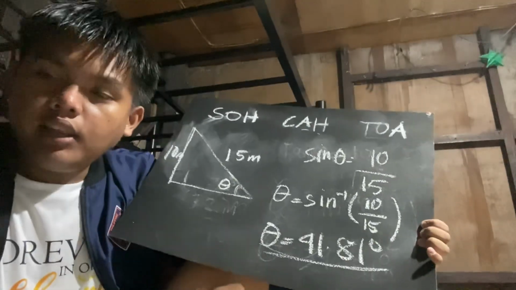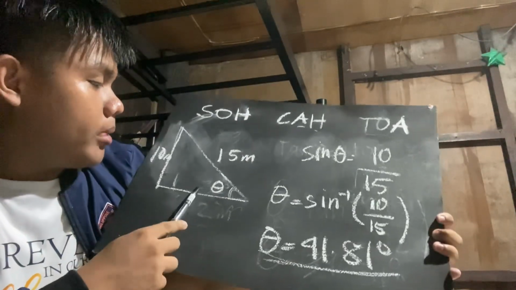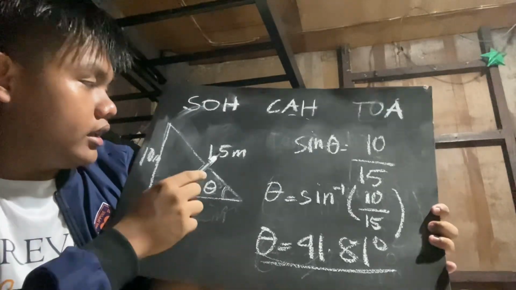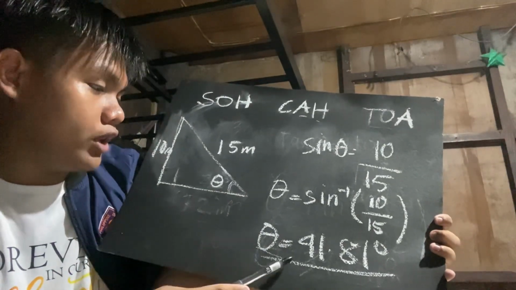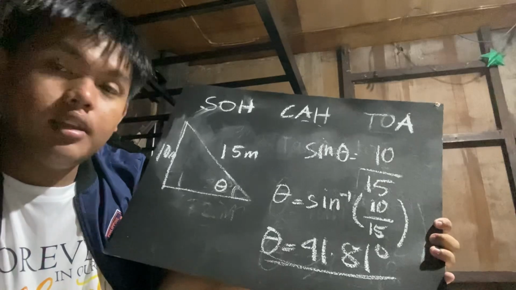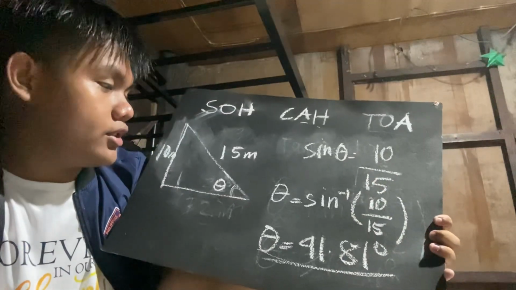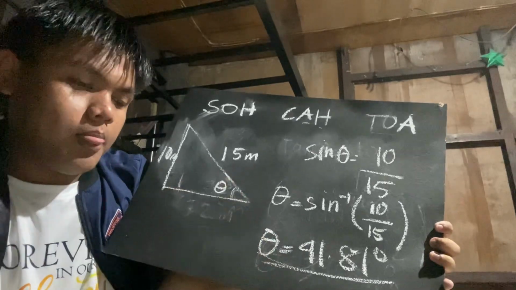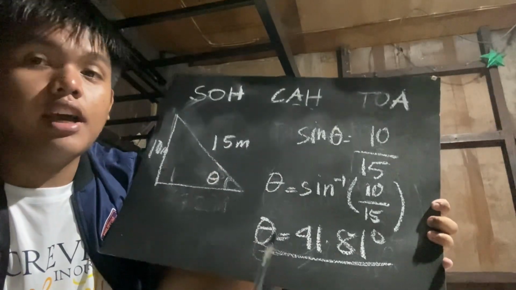And if you calculate it, again, let's pretend there's no value here, so x equals 10 over sine 41.81, we will come up with 15 meters.